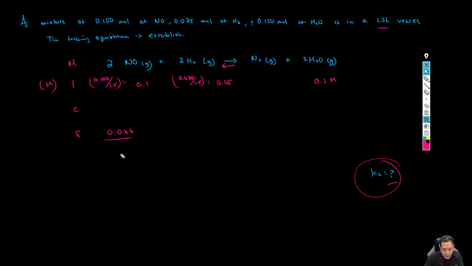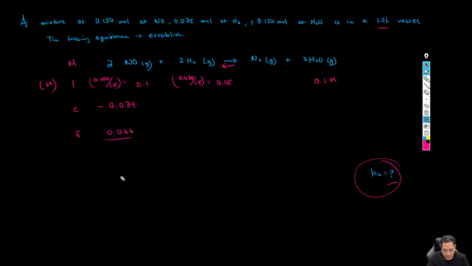One of the puzzles is this. Somehow we went from 0.1 to 0.066. That means some of this reactant changed, so what we could do is just subtract it. 0.1 subtracted by 0.066 is 0.034. So that means this much reacted, and let me double check I did my math right.